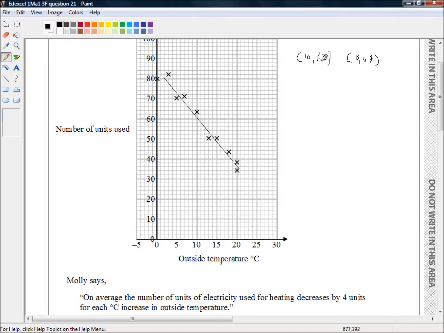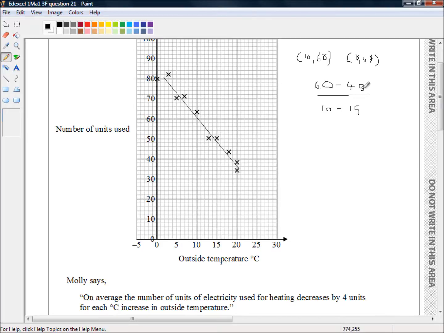Well, let's start with this point here. So it's gone from 60 down to 48. And if it started at 60 and it moved to 48 on the y-axis, it started at 10 and it's moved to 15 on the x-axis. So the y-axis has gone down and the x-axis has gone up.